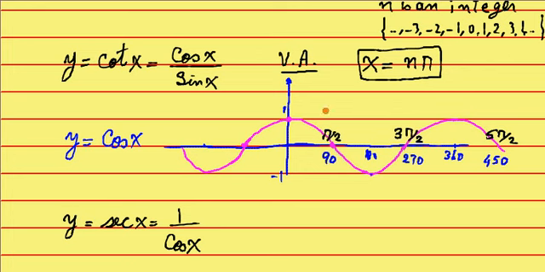So I'll have one at pi over 2. Cosine became 0, so secant is going to have a vertical asymptote. And then again at 3 pi over 2, the story happens again. At 5 pi over 2, you will have it one more time. Minus pi over 2, of course, is going to be another vertical asymptote.